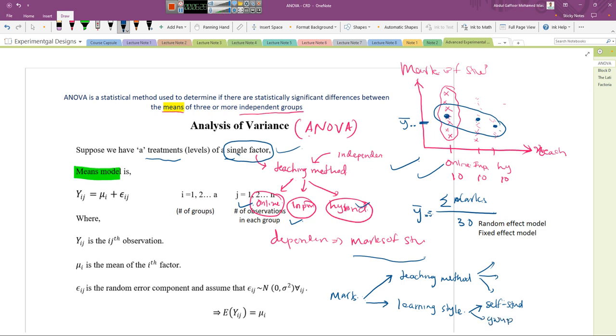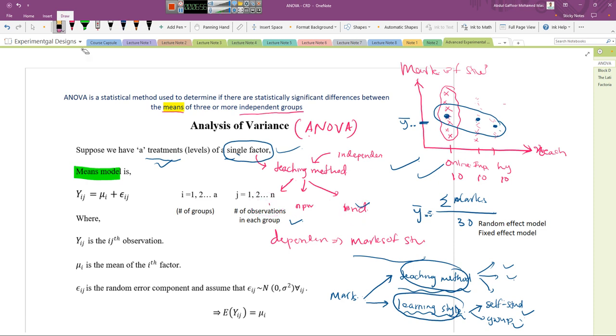So this is a factor, and this factor has two levels, and the other factor has three levels. I hope you can understand the difference between treatment and factor. So here suppose we have a treatments. Let me erase all these things and create some space.